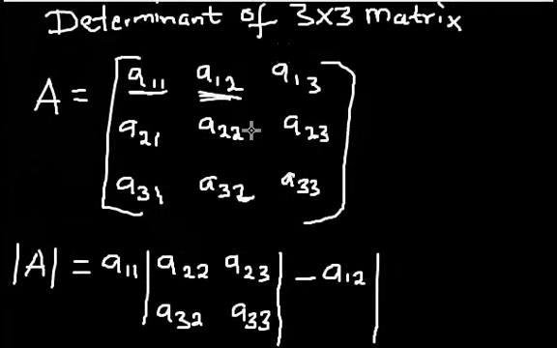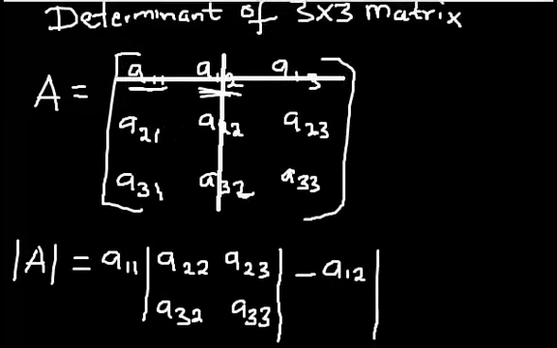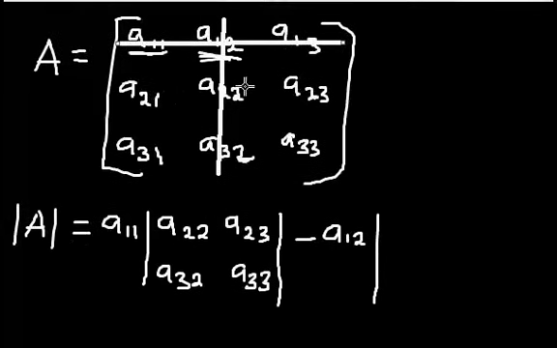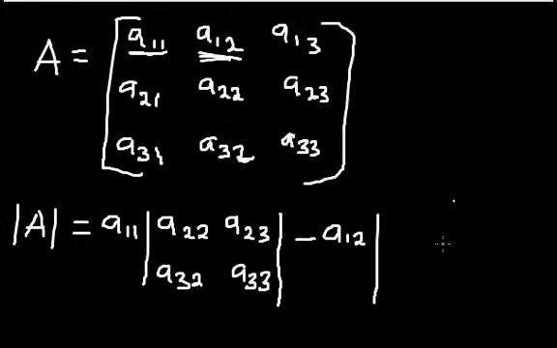So I cross out its column and its row, and what I have left is what I'm going to use. I'm having A21, A23, A31, and A33. So that's the determinant of A21, A23, A31, A33.